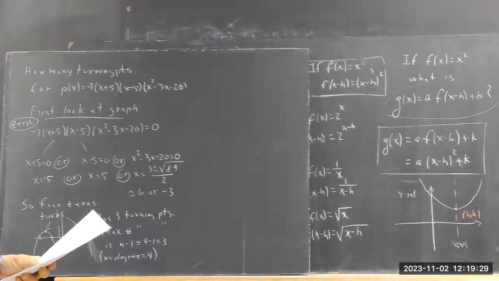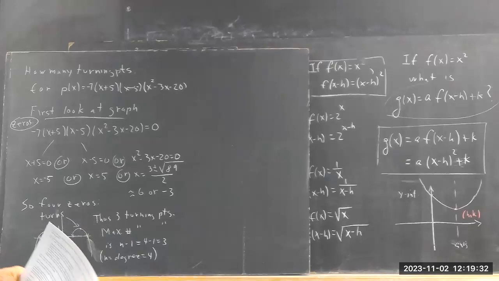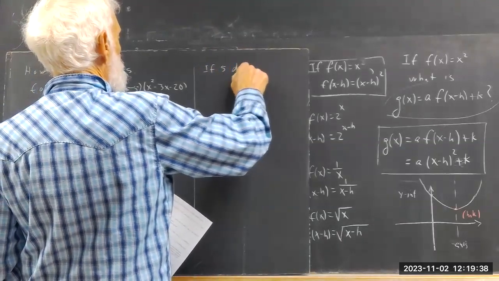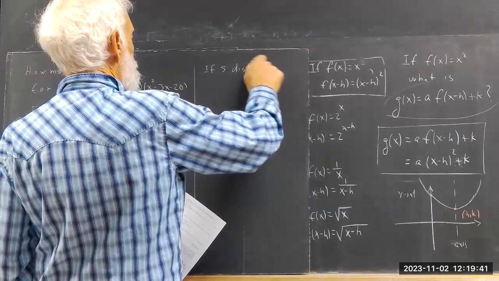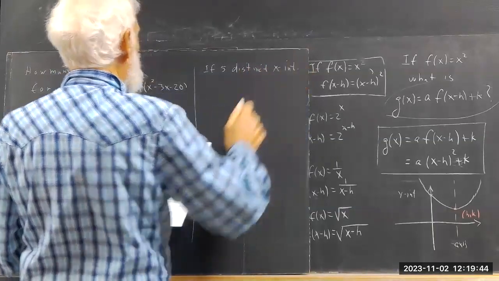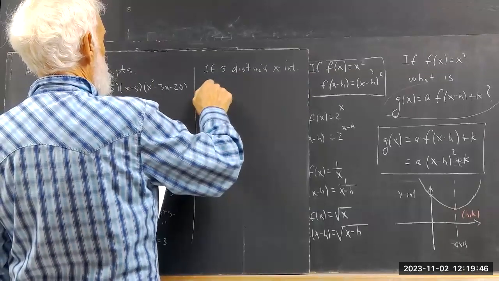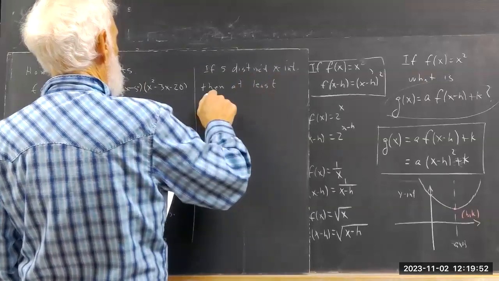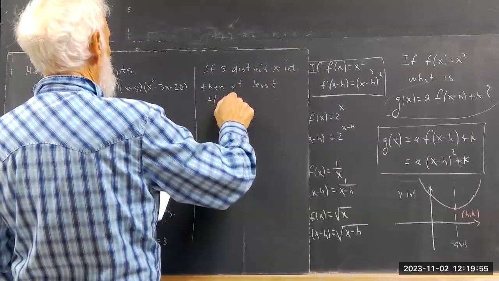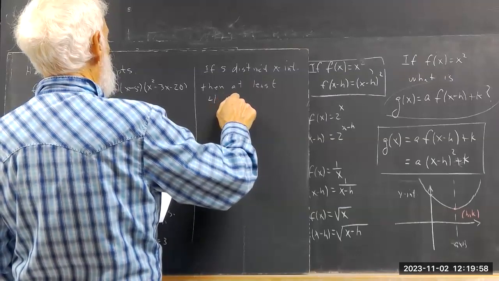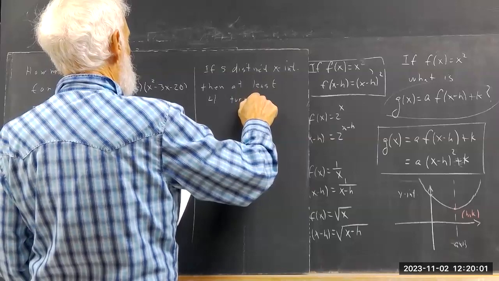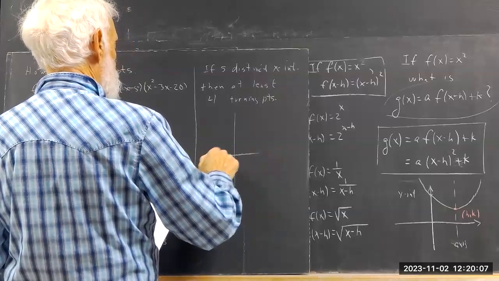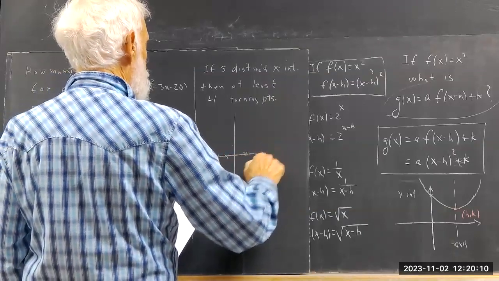Now, if you got 5 distinct x-intercepts, then you got to have at least 4 turning points. 1, 2, 3, 4, 5 x-intercepts.